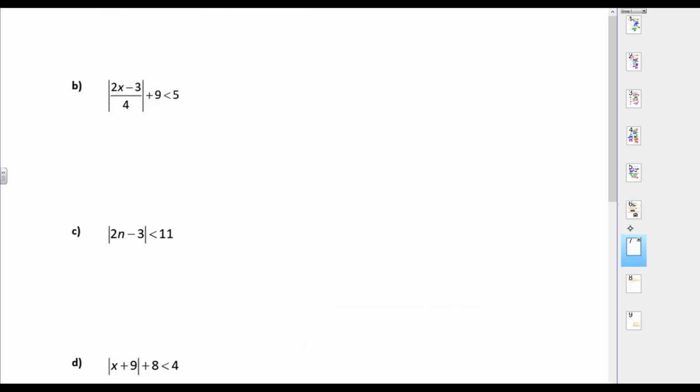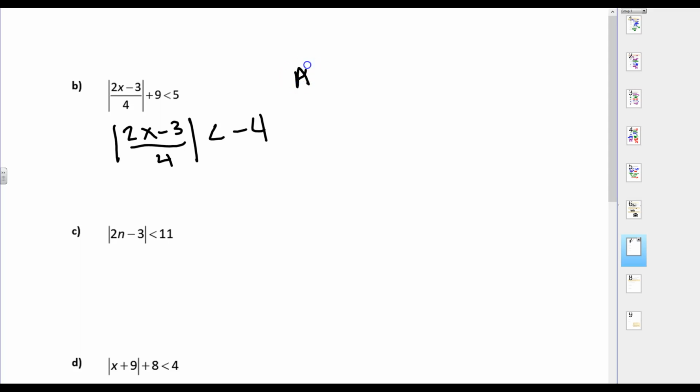Okay, moving right along. Those weren't too bad. Let's do some slightly harder ones. Again, I have to isolate the absolute value first, so I'm going to start by subtracting the 9. So I get the absolute value of 2x minus 3 over 4 is less than negative 4. Now pause. You know something about absolute values, and it's that absolute values are always positive because they're distances. It's a distance from the number line.